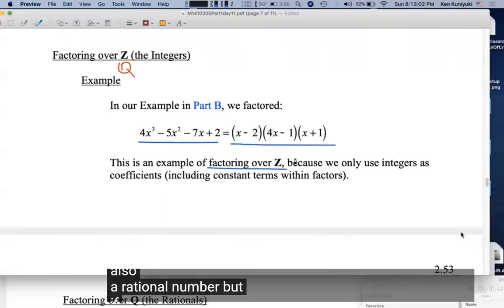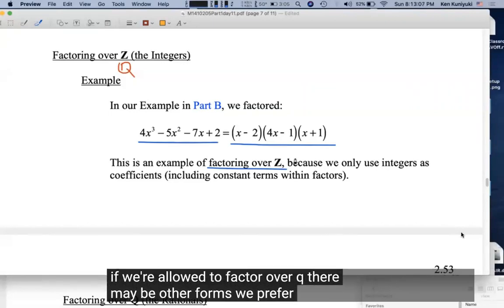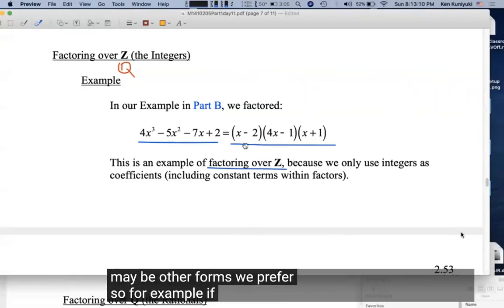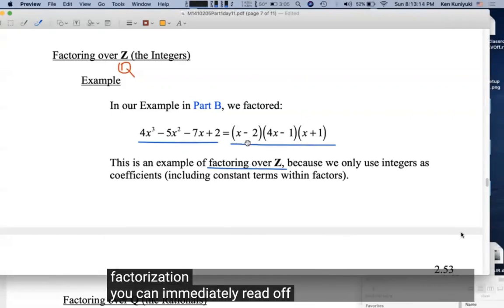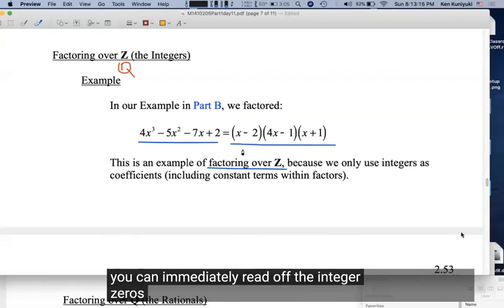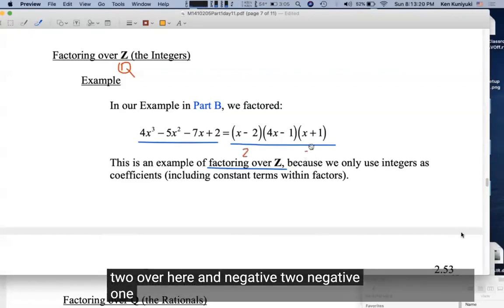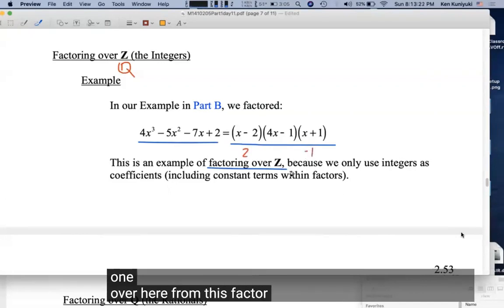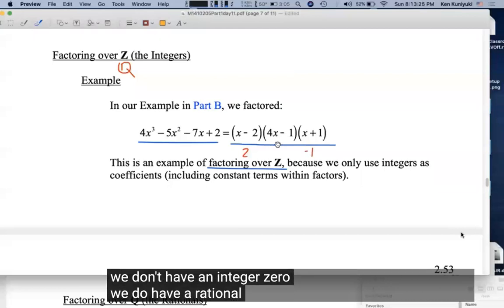But if we're allowed to factor over Q, there may be other forms we prefer. So for example, if you look at this factorization, you can immediately read off the integer zeros. 2 over here, and negative 1 over here from this factor. But over here, we don't have an integer 0. We do have a rational 0, though.